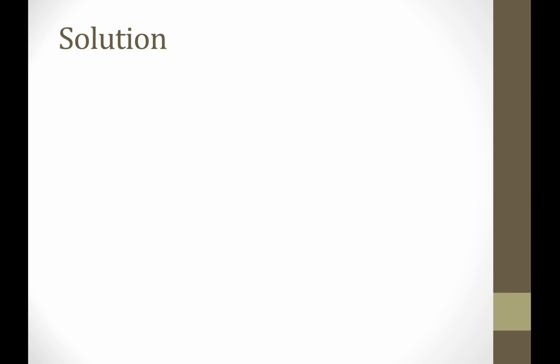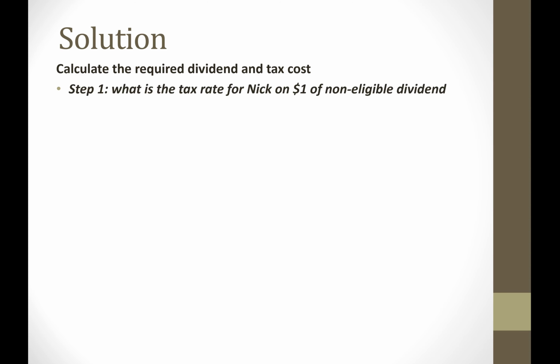Let's move on to the next slide and let's look at the dividend required. Now, with the dividend required, this is a little bit more complex. What I always tell the students to do is step number 1, figure out what the tax rate is for Nick if he was to get $1 of non-eligible dividend. Now, we know that if C Corporation pays Nick a dividend, it's going to be a non-eligible dividend because the question said that C Corporation had 0 in their GRIP.